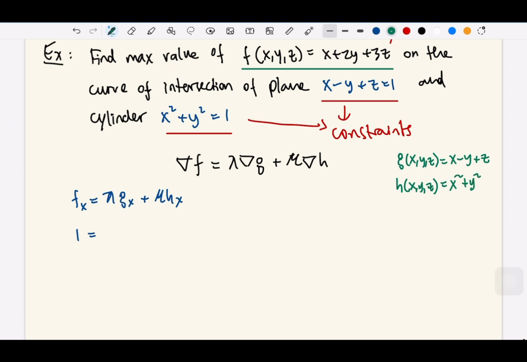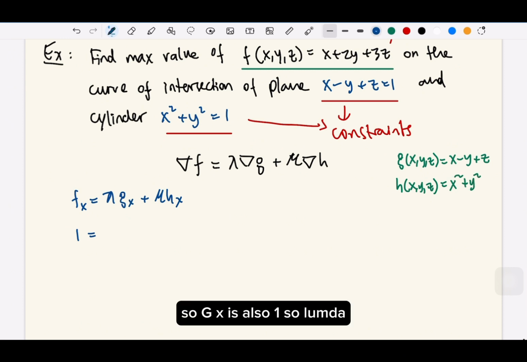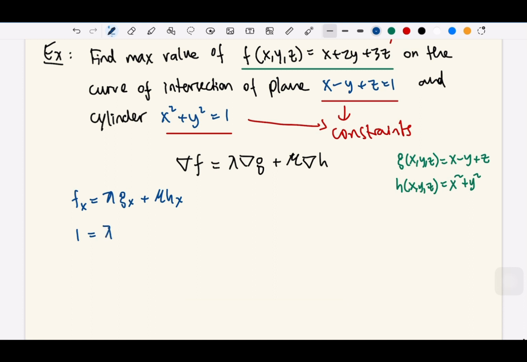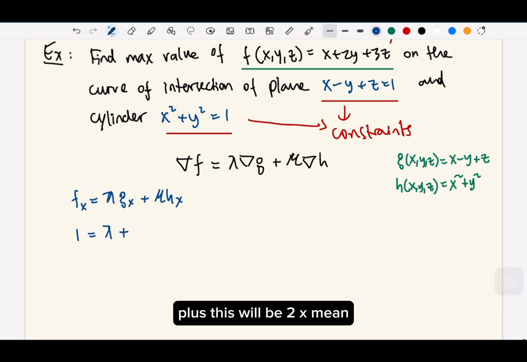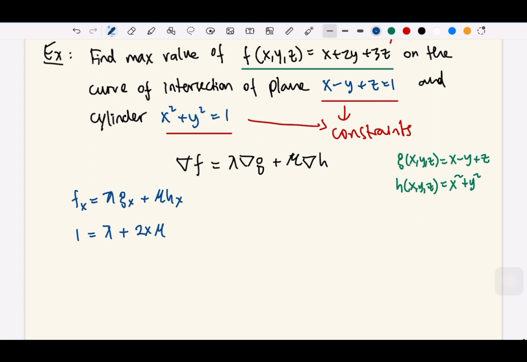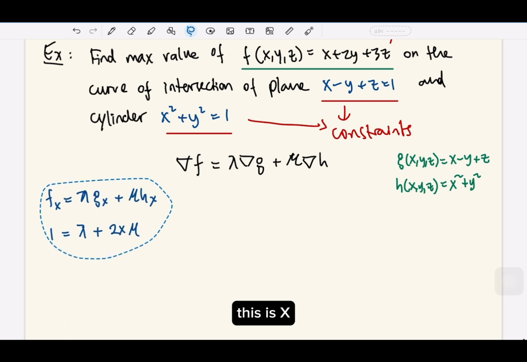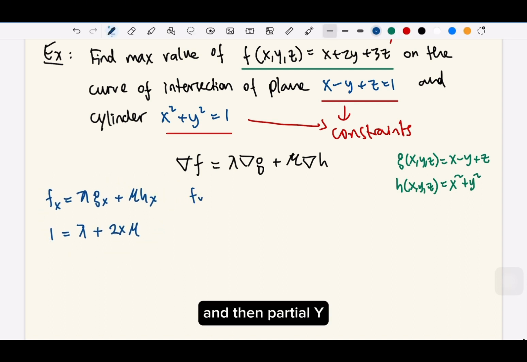Okay. So gx is also 1, so lambda plus this will be 2x mu, and then partial y.